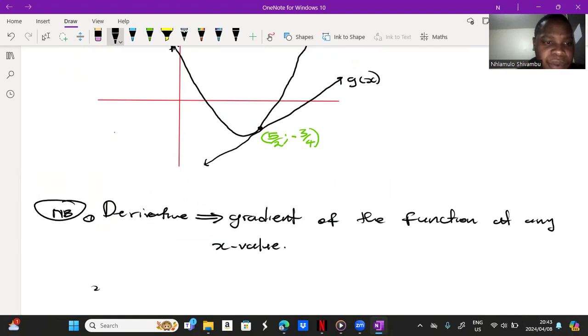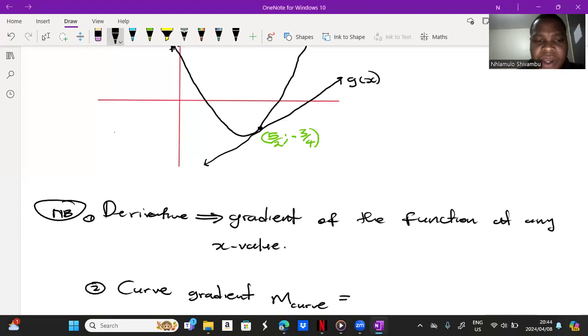Number two, we're saying the curve gradient, so that's going to be m of the curve, is equal to the gradient of the tangent.